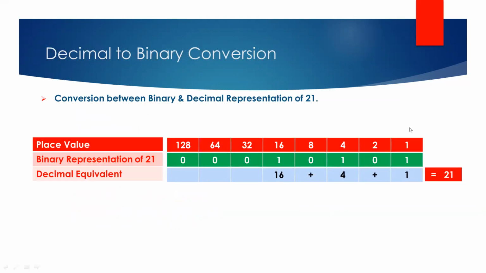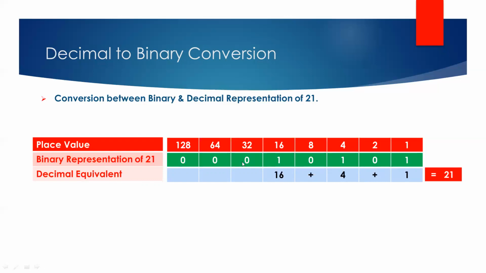Just look at here. If I have a value like 21, then 21 will be represented in the computer, if we represent it in 8 bits, as 0001 0101. So I hope you all know how to convert a value into binary.